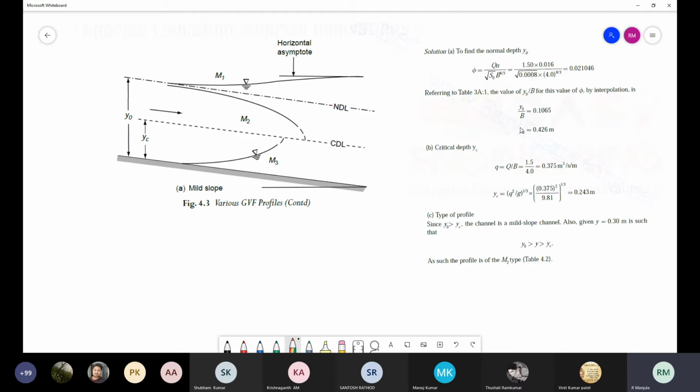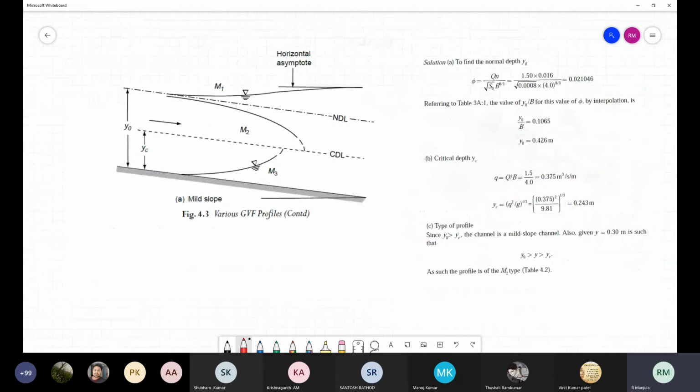And Y naught by B from the table you have computed. Now Y naught is 0.426. So this is a normal depth line. Now normal depth line is 0.426.